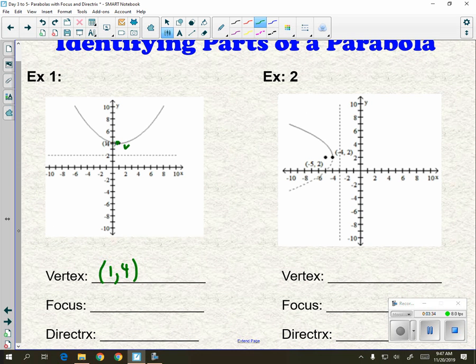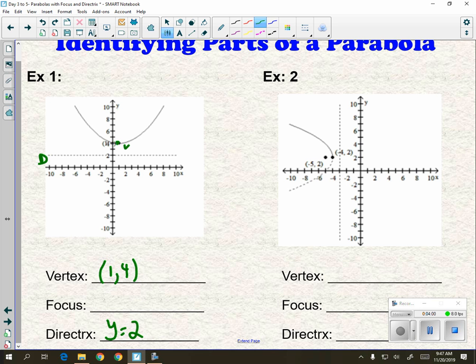The directrix is the line. In this case, my line is a horizontal line, and horizontal lines are y equals, and it goes through the value 2. If you have trouble remembering x equals or y equals, in your calculator, go to y equals, plug in 2. It'll show you that it's a horizontal line, which is what you wanted.